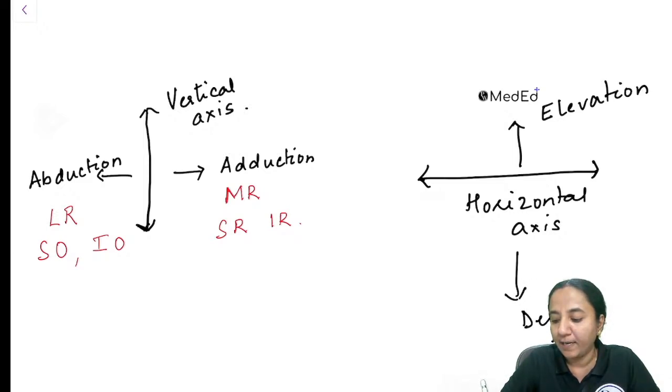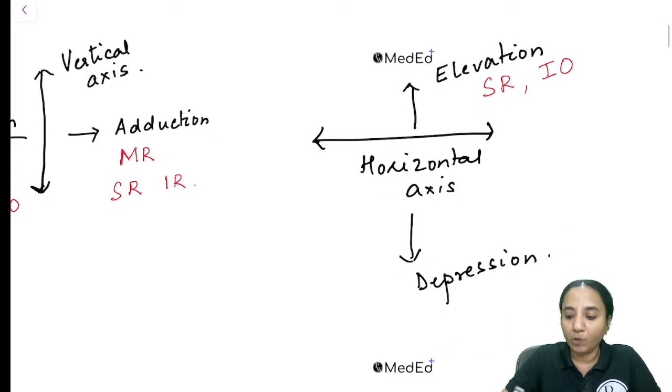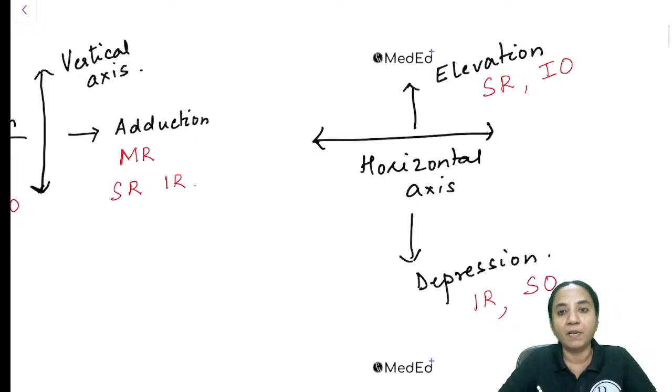So which are our elevators? Will any one of you be able to tell me? The elevators of the eye are the superior rectus and the inferior oblique, and the depressors of the eye are the inferior rectus and the superior oblique muscle.